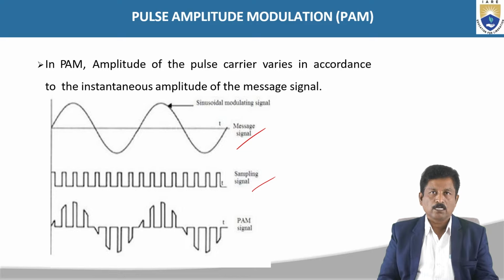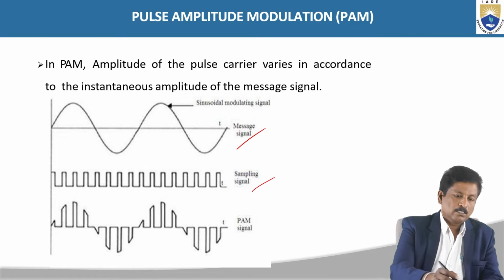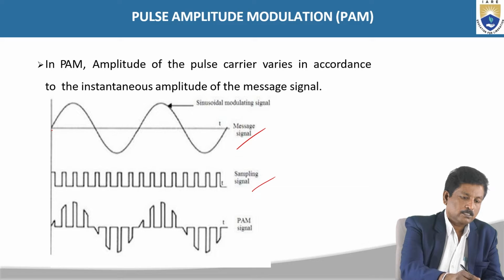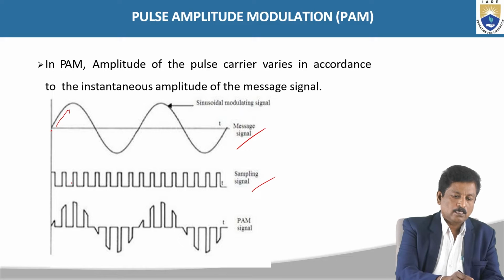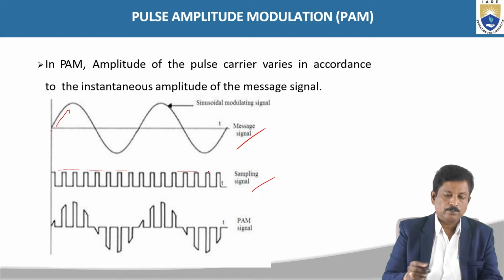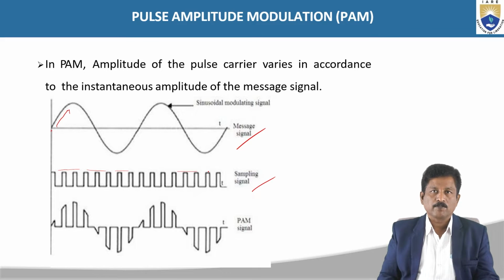So here we are going to consider pulse amplitude modulation. The amplitude of the carrier signal will vary according to the instantaneous value of the modulating signal. This is the initial value of the modulating signal, 0, and it increases towards the high value. You take the carrier signal, a train of pulses, in which all the pulses originally have uniform amplitude.